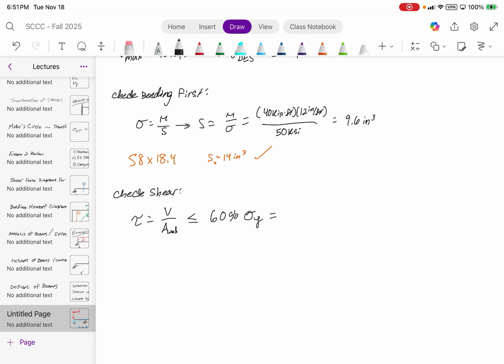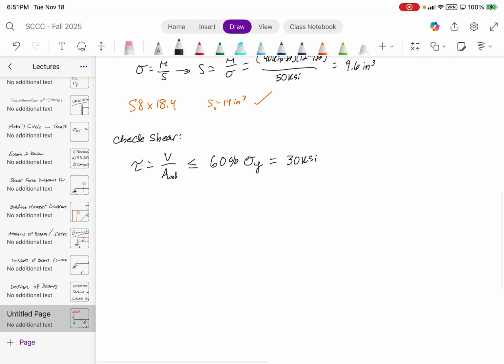So for 50 ksi multiplied by 0.6, that's going to be 30 ksi. This only applies to steel, by the way. So if for some reason I don't give you a steel shape, I will give you a property that has a shear strength specified on it. Otherwise, if it's steel, use 60% of the yield strength. All right, so now we have to check it. What is the area of the web going to equal?